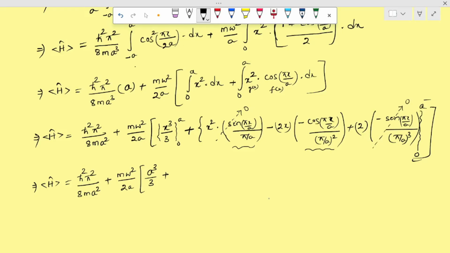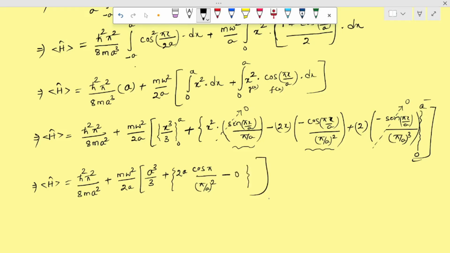Now consider this one; it will be here minus plus is there. So the first limit, if I put it, will be 2a cos π by π by a whole square, minus, if I put 0 over here, then this term will be 0.